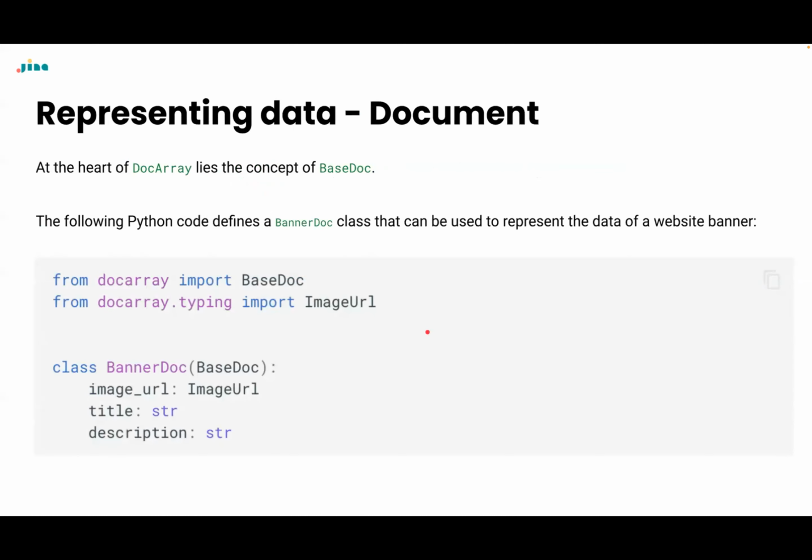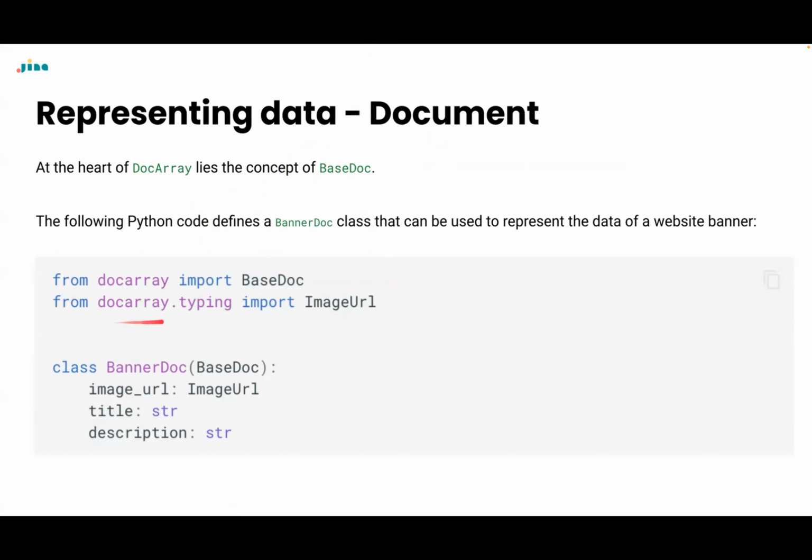First, let's look at how we can represent multimodal data in DocArray. At the core of DocArray, there is a very essential concept called BaseDoc. Every multimodal data object you construct comes from this BaseDoc class.